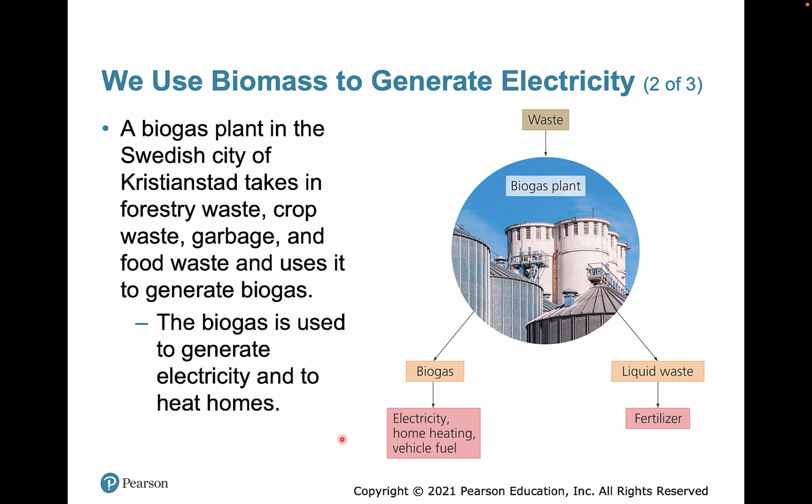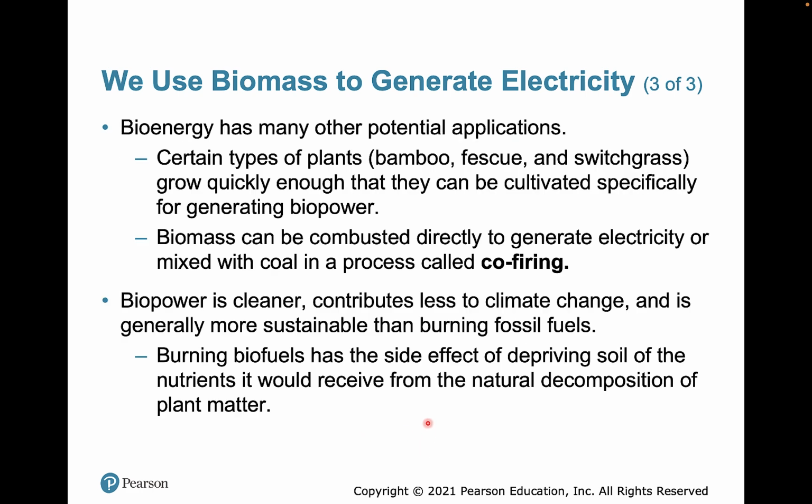And there's an example of a biogas plant in Sweden and how they use it. So it's got a lot of additional applications. So you can grow crops specifically for biopower, for using biomass, grasses that grow quickly, bamboo, fescue, and switchgrass. And then you can do the co-firing method to allow to burn biomass in addition to coal.